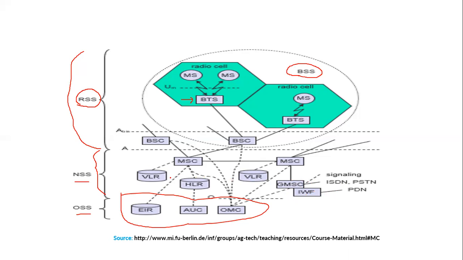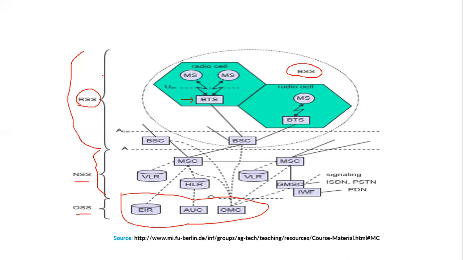And there are some registers like VLR and HLR, which are the visitor location register and home location register. And then we use some databases like equipment identity register, authentication center, and operation and maintenance center.